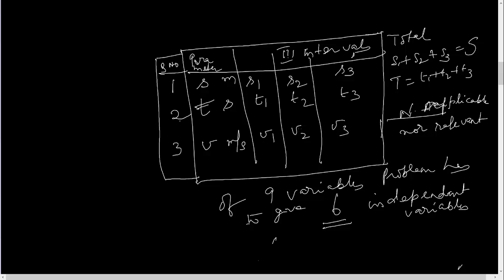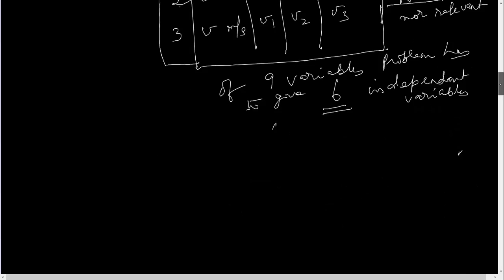So that is what I meant by 6 independent variables. Now that is the concept of independent variables. Having said this, now for our particular problem, how are we going to proceed and fill up the tabular column? Here, in this case, let us take the data once again.